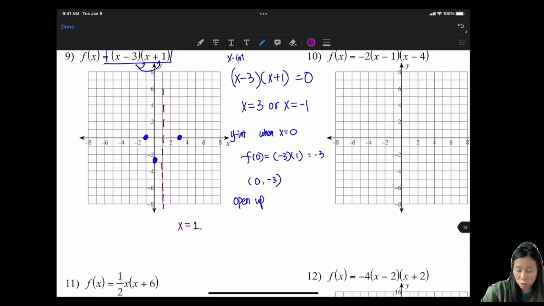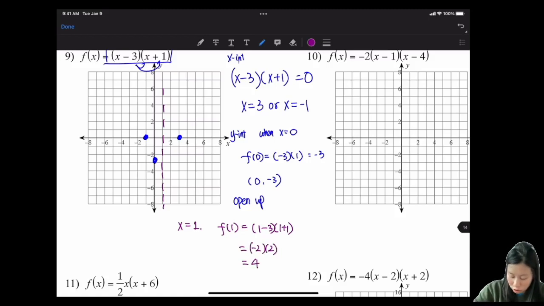So when x equals 1, let's find the y-coordinate. I have 1 minus 3 times 1 plus 1. So I have -2 times 2, which is -4. So the vertex should be (1, -4) in here. When you connect these dots together, you will find your parabola.